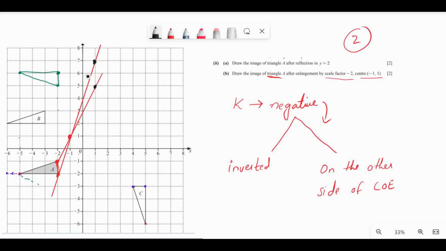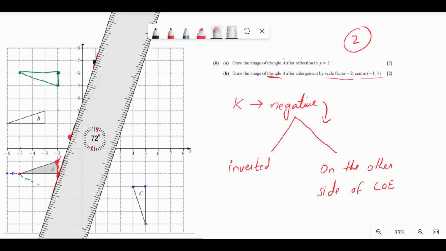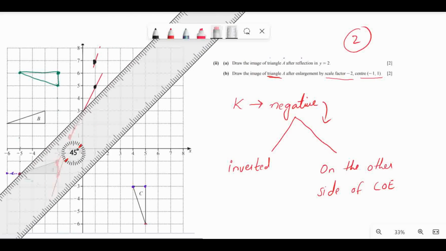Now let's see the third one. Let's remove this line because we don't need it anymore. You can use the pencil. Now let's connect this one.